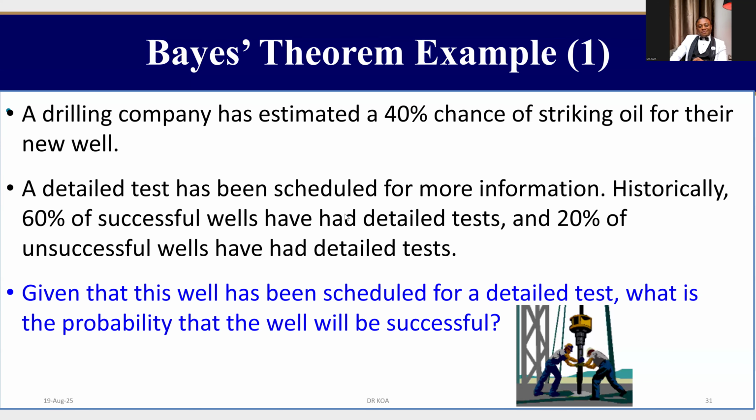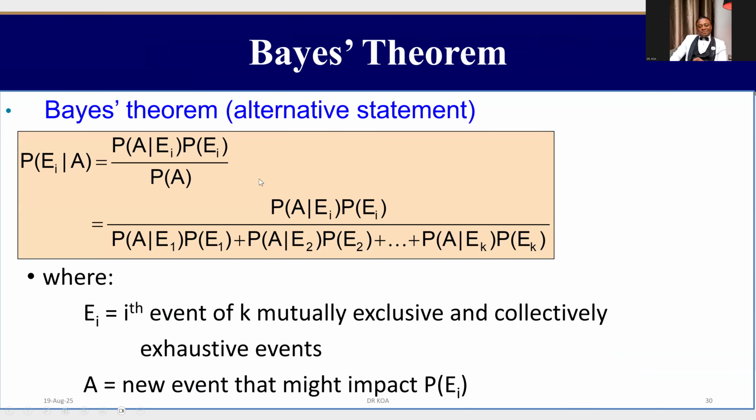There's something you first want to take note of, and it is this Bayes theorem for the generalized case. Watch it very carefully. When you take this first one divided by this, you have the probability of A given EI multiplying the probability of EI. EI was standing for B previously.